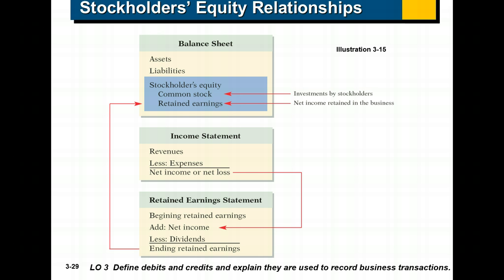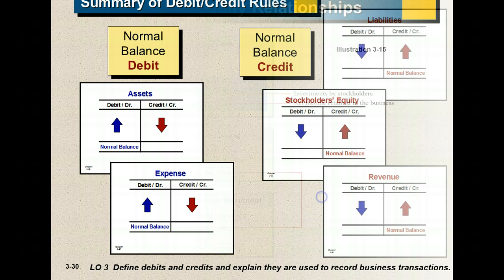Well, that's going to take away from our retained earnings, won't it? So if there's a net loss, we're going to start with a balance. We'll subtract from it the net loss. And if we have dividends, subtract the dividends. The purpose of net income is to increase our earnings. If you have a net loss, you're decreasing that retained earnings. Make sense?